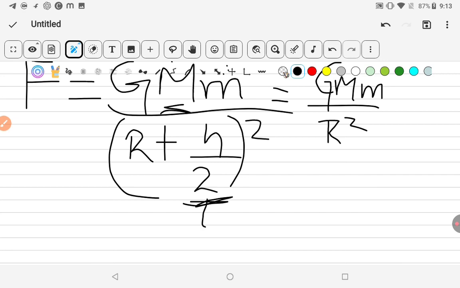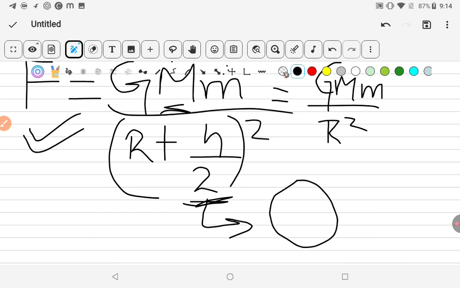the distance or the height of the object near the Earth's surface. This was the formula when we are taking gravitational force on Earth. So one body is Earth, that is really heavy, and another is some object or body, maybe a satellite or something.